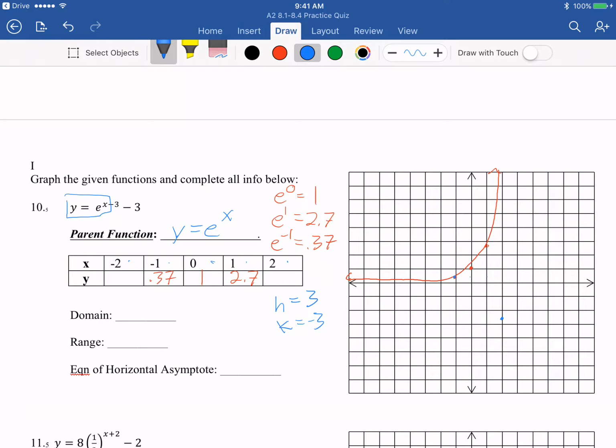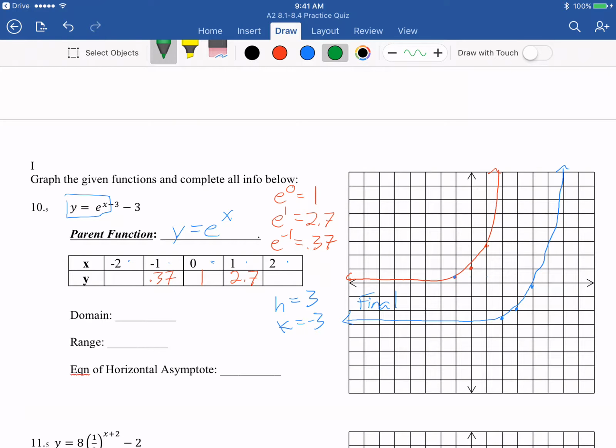Since my graph moved down 3, it is going to get really, really close to negative 3, but not go past it. My line isn't completely straight there, but you get the gist. So that line should get really close to negative 3. That is my final graph.